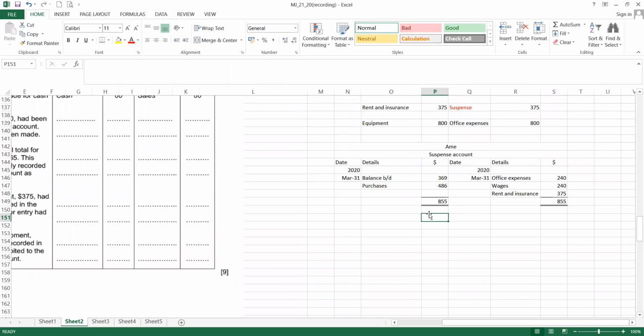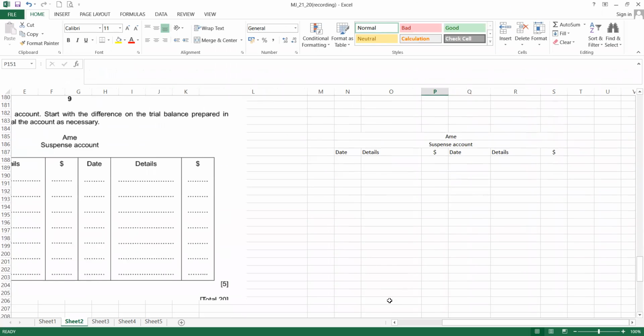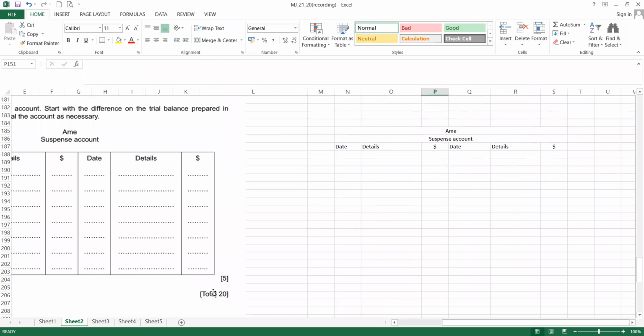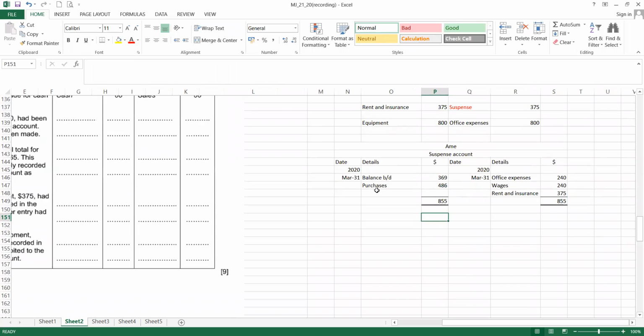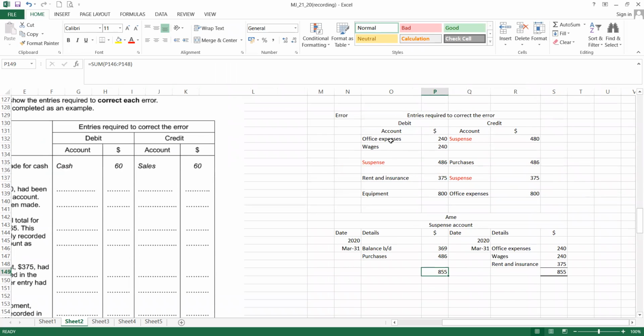If they didn't mention it, like for example this question, where the end of the question is already 20 marks, it means this question is unlikely to have a difference between debit and credit. If we found that there is a difference between debit and credit, that means we made a mistake in this adjustment.